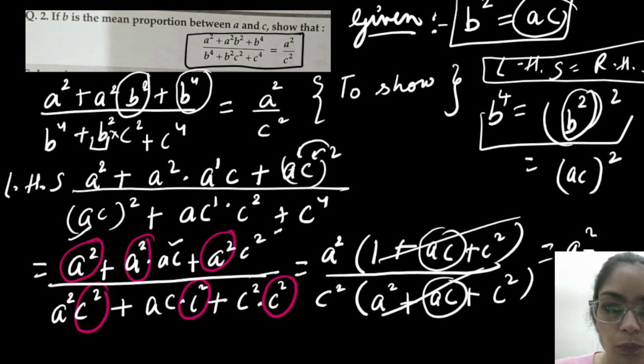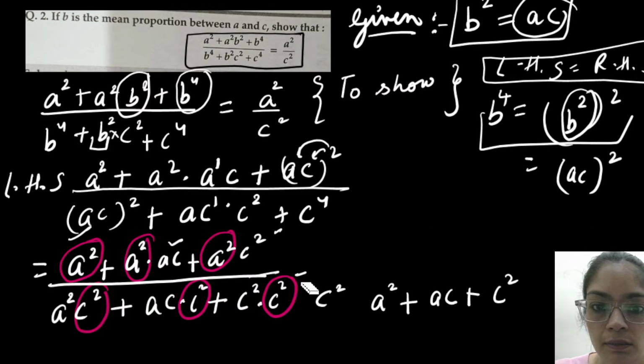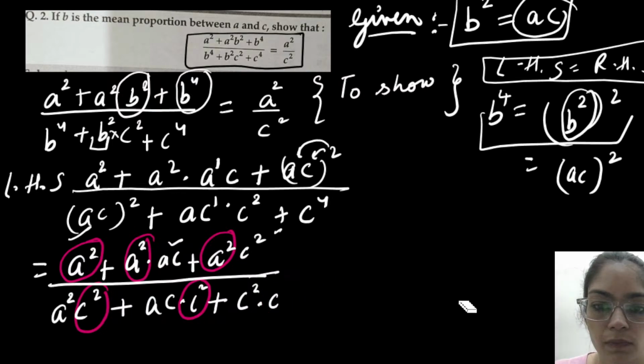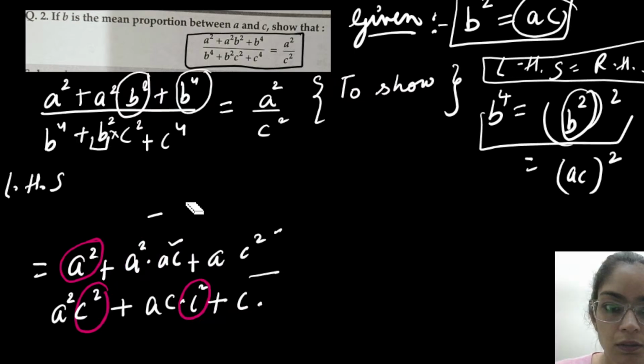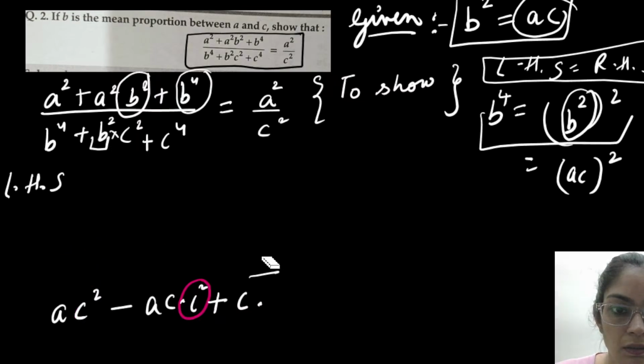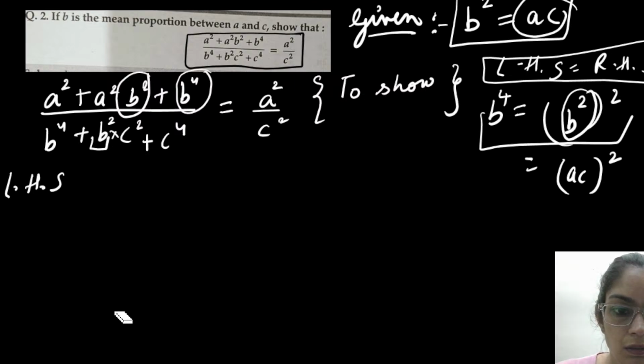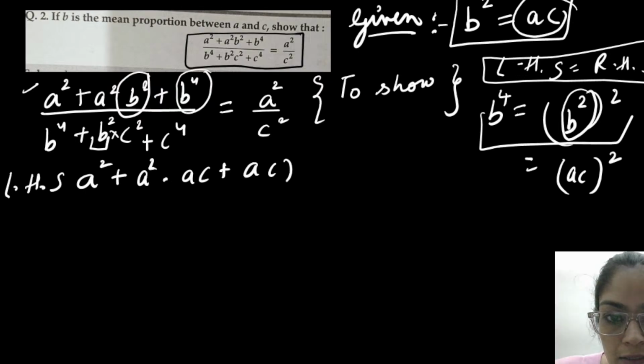Let's just do this once again. So a square as it is I am writing. Then I have a square b square, so a square again as it is, and b square's value is ac. B to the power 4 we can write as AC whole square.